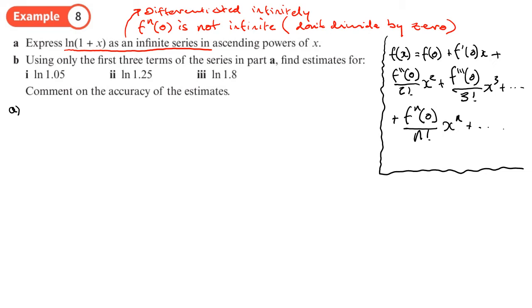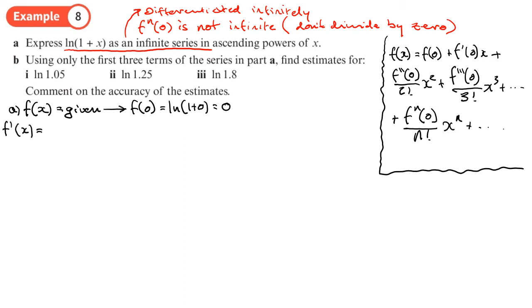So let's start with f of x, which is given in the question. So let's work out f of 0. That's going to be the log of 1 plus 0, which is the log of 1, which is 0. Next one, f dash of x.